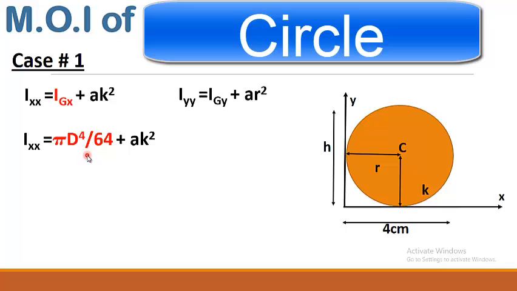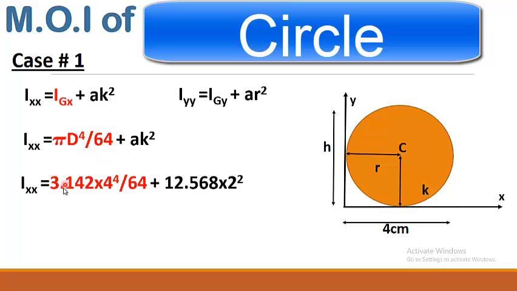This is a predefined value which you have to remember, which I have also discussed in the previous parts. By putting the values, 3.14 is for pi, the value of d is 4, plus the value of a is the area of the circle which we calculated in the previous slide, and k is equal to 2 and its square. So the moment of inertia about the x-axis is equal to 62.84 centimeter power 4.